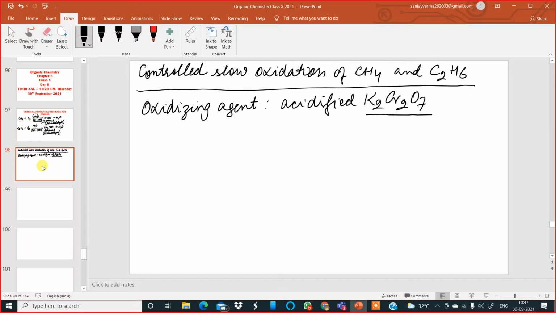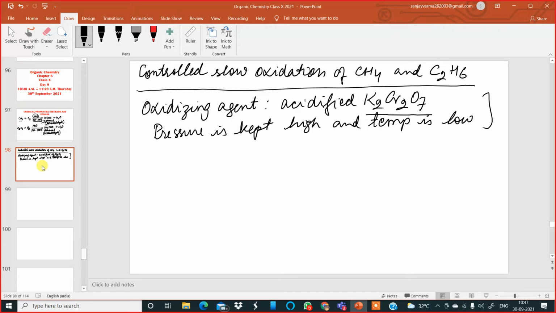The other conditions are that the pressure is kept high and the temperature is kept low. Under these conditions, methane and ethane undergo slow oxidation stepwise.